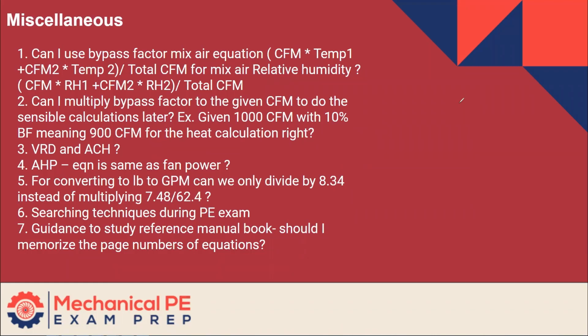Some of the problems I got away with it, but in some of the problems your solution was right, because you did the bypass factor equals 1 minus the efficiency of the coil and went through it. But in some problems I pre-calculated by multiplying the bypass factor with the CFM, and my answer was right. So I got a little confused.